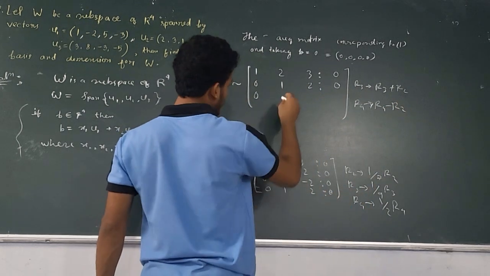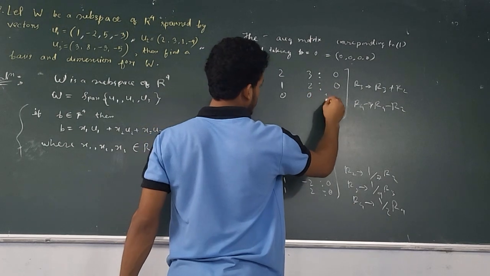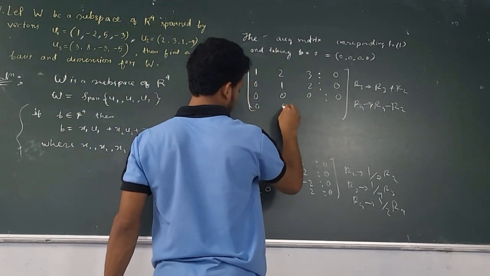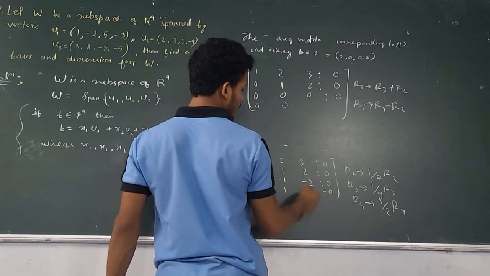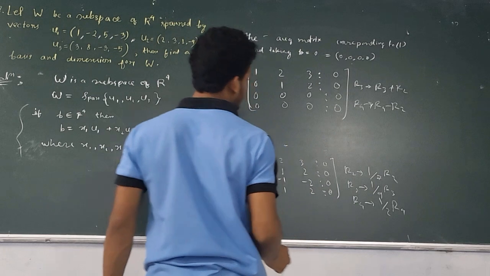So it will be 0, 0, 0, 0, and 0, 0, 0, 0.